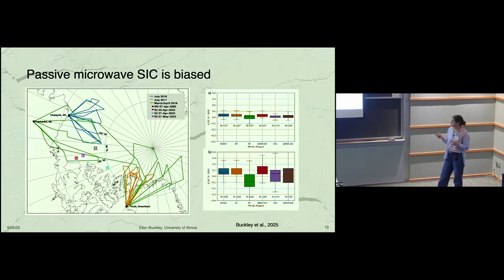And so to determine where passive microwave maybe isn't picking up these small scale features, we look at high resolution imagery. So this is a map of a bunch of flights from Operation IceBridge. The green is wintertime data, and then the orange and the blue are summer data.